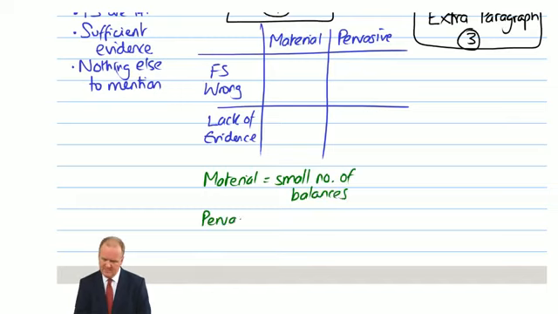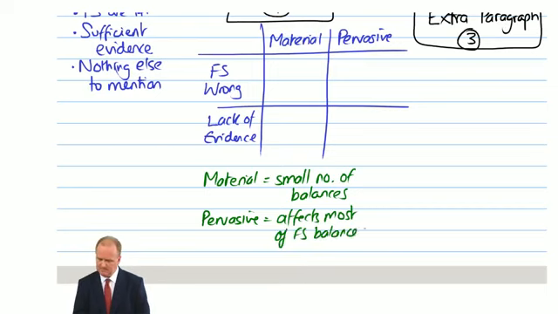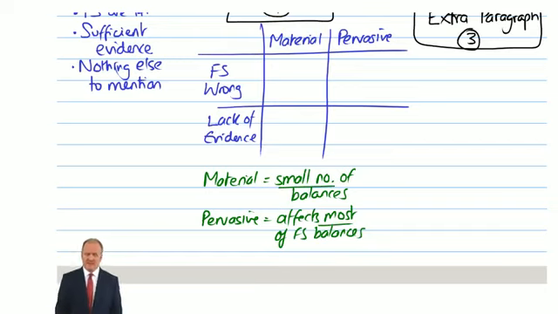When we say pervasive, we mean it affects most of the financial statement balances. Because if something only affects a small number of balances, we are able to explain it and then say, except for that, the accounts give a true and fair view.